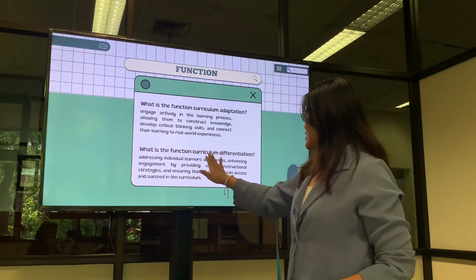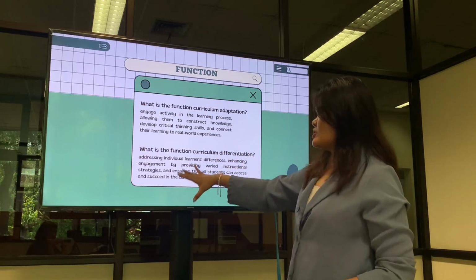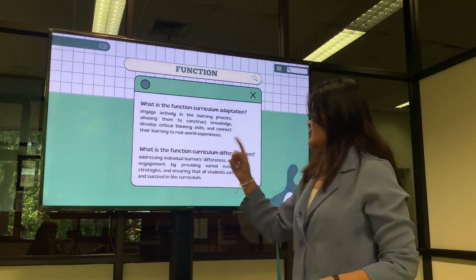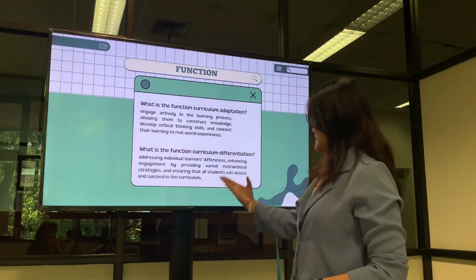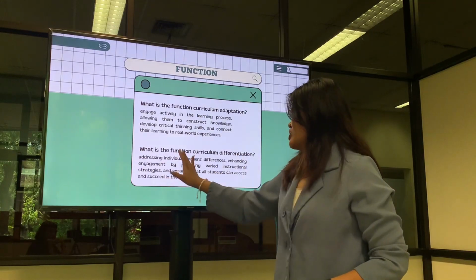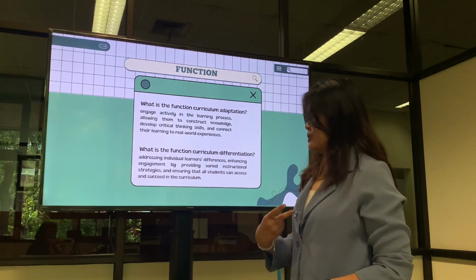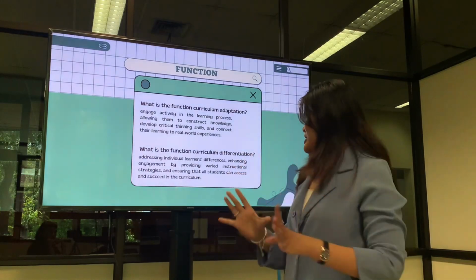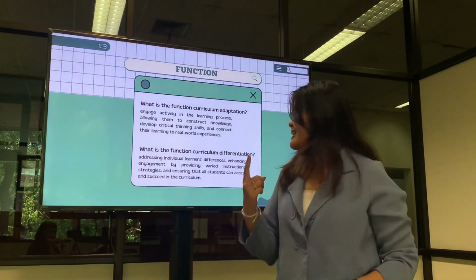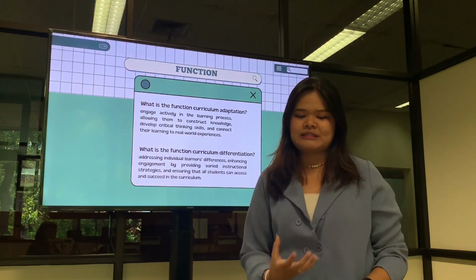And for curriculum differentiation, the function is addressing individual learners' differences, enhancing engagement by providing varied instructional strategies, and ensuring that all students can access and succeed in the curriculum itself.